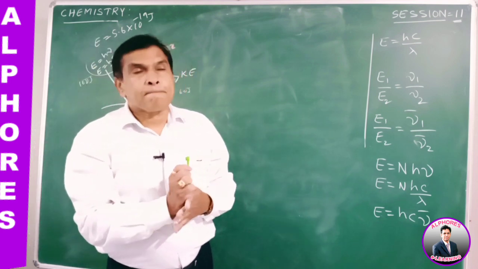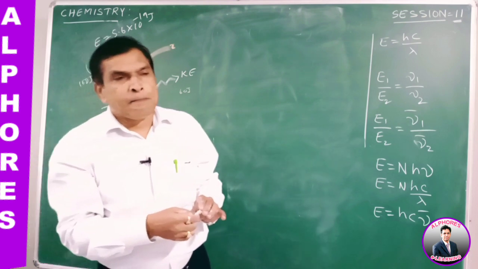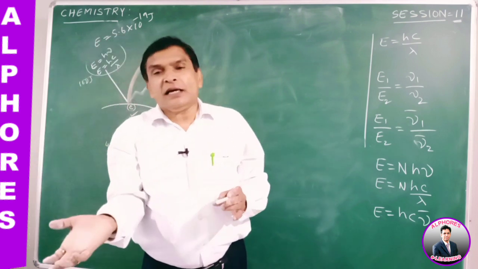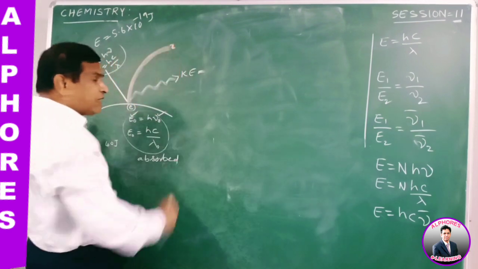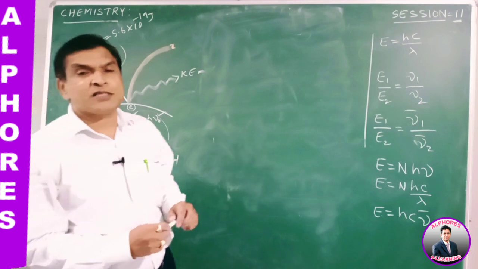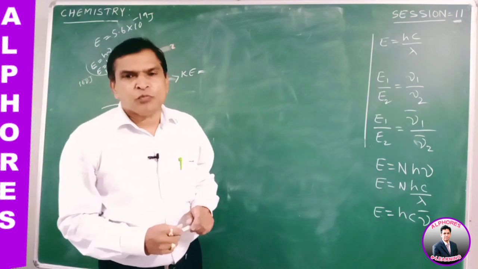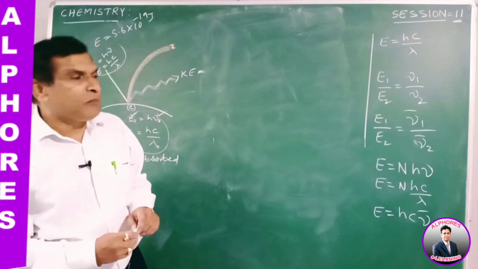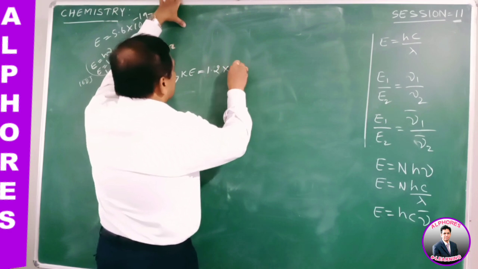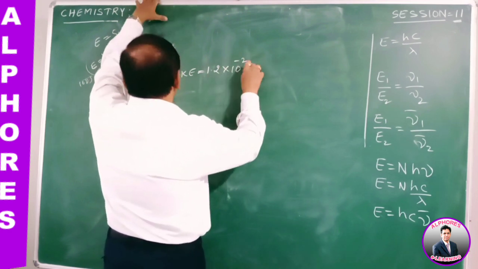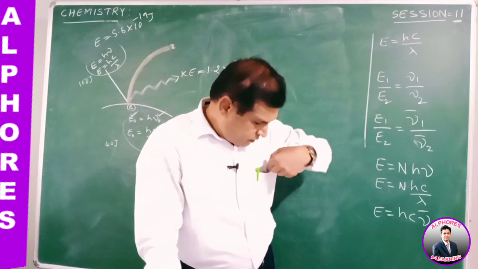Or no, let us prepare it like this. The kinetic energy of the ejected electron is, let us say, 1.2 into 10 to the power minus 20 joules. Now calculate the work function.